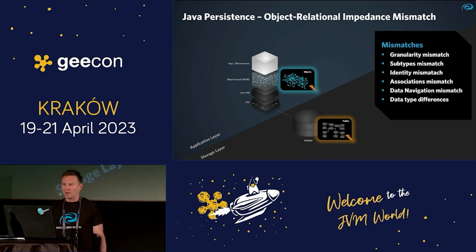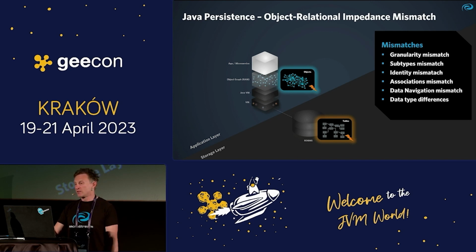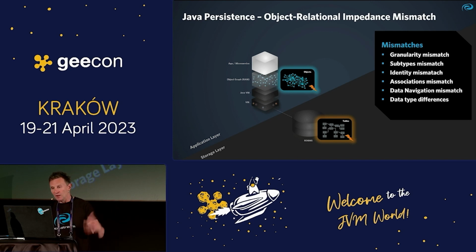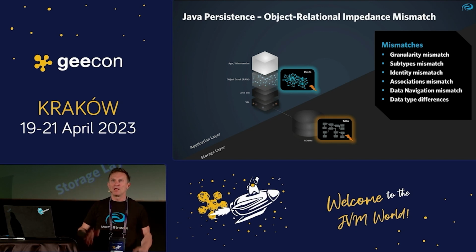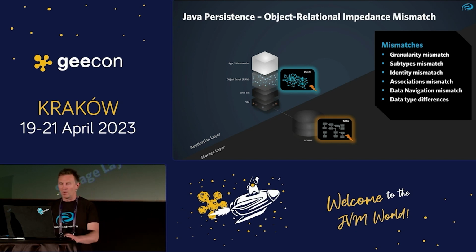We have various impedance mismatches here, and these concepts do not fit together. This is the reason why you have to adapt your object model to the database model and develop your application around the database, just for storing some data.